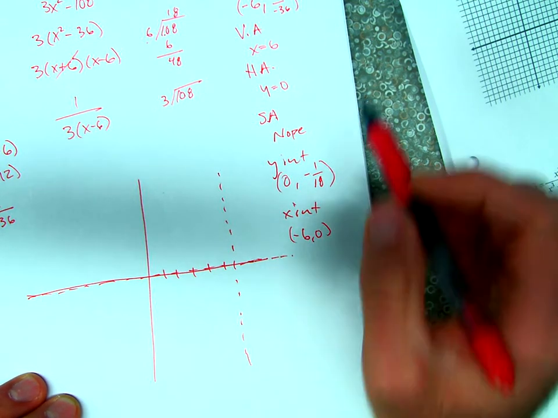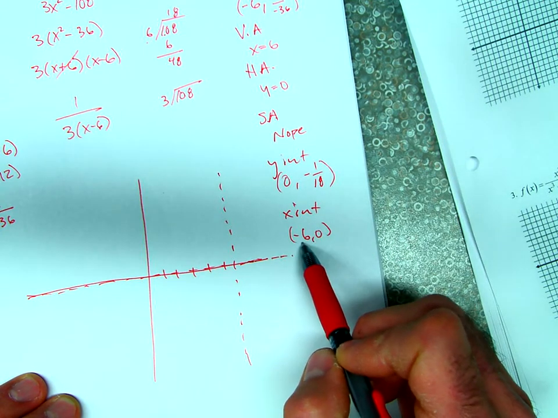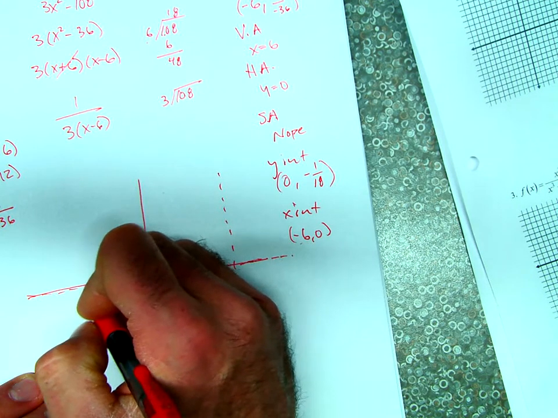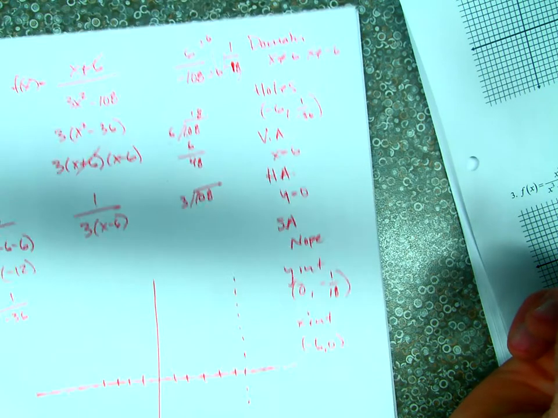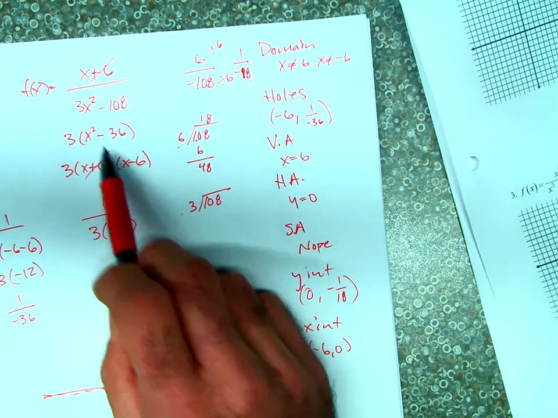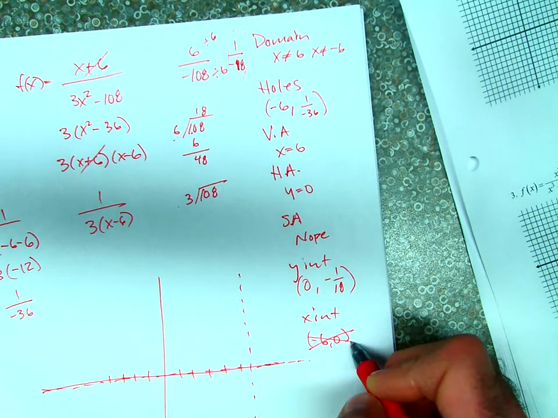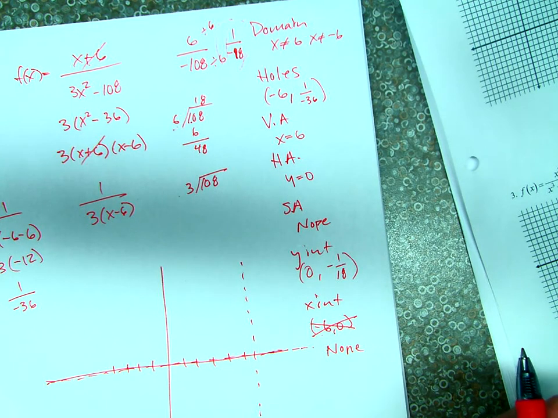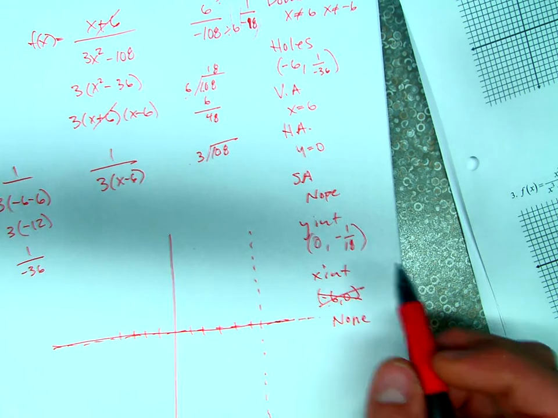So then we're going to plot all of our points. X-intercepts. The x-intercept is negative 6, so it's way over here. Oh, no, wait. What happened with the x-intercept? It died, so there is no x-intercept. We found the x-intercept too early.